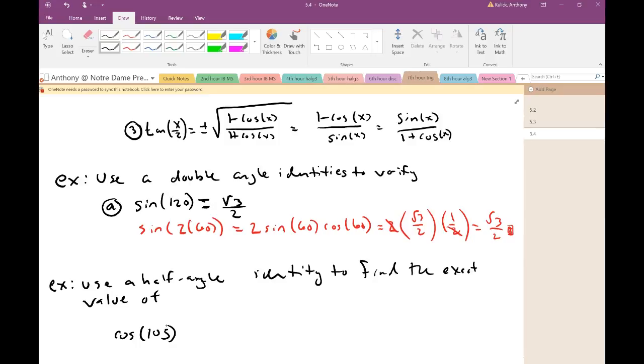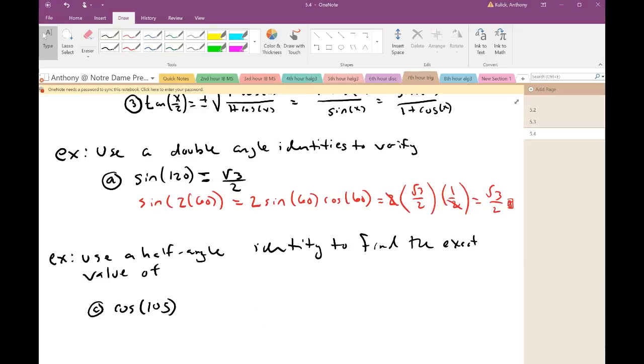So here you're asked to use a half angle identity to find the exact value of cosine 105. Since it's a half angle, 105 is half of what? 210, right? I didn't ask what was half of 105.